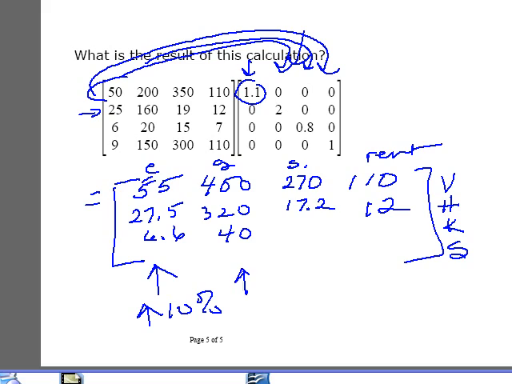Gas doubled everywhere. The snow removal got cheaper. It was a decrease by 20% everywhere. And the fourth column, you have the rent stayed the same.